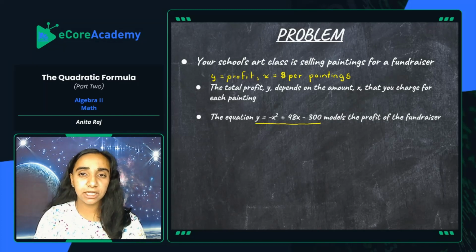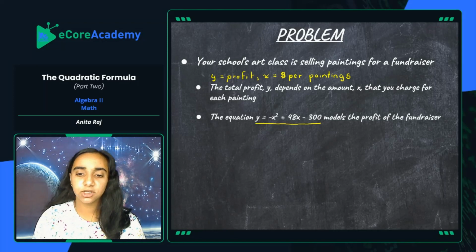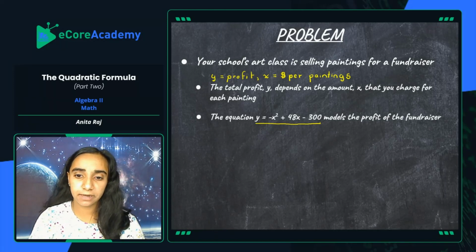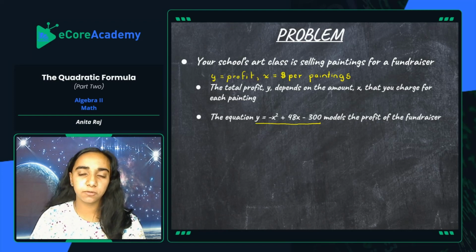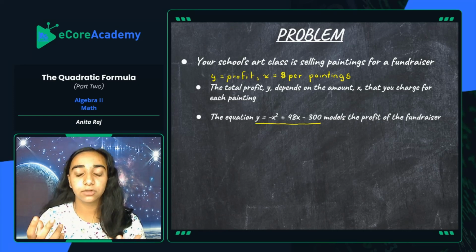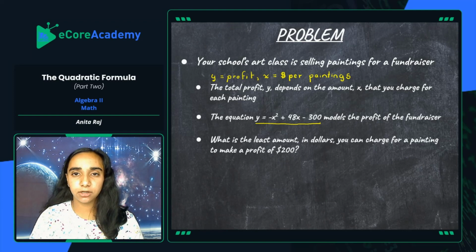So however much money we charge for the paintings, let's say we charge $5, you would plug it in for x, because x represents the amount of money we charge for paintings, and then we can just solve, and then we'll figure out what y, which is our total profit, is. And relatively, if you think about this, it makes sense. So you're plugging in how much you're charging, and then you're getting out how much you are going to be earning total.